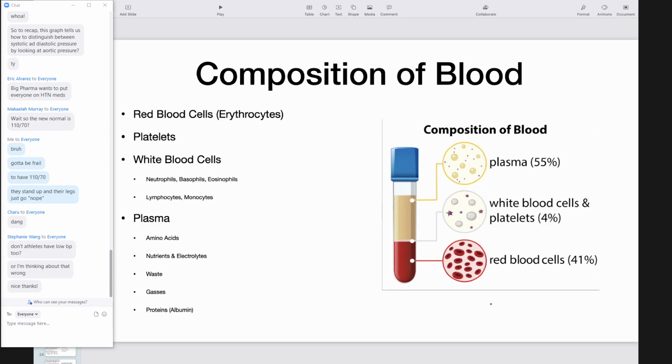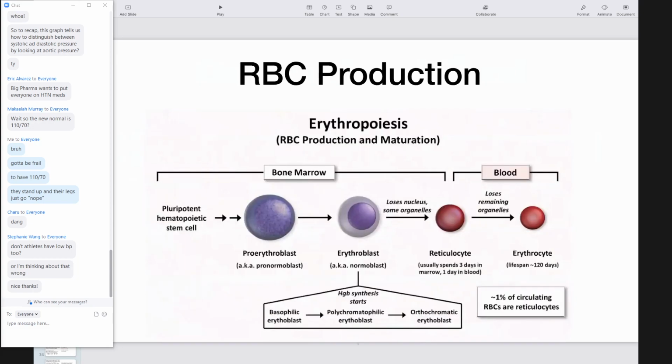So we have a lot of different things dissolved in the plasma. It's not just water. There's a bunch of stuff in your blood, so keep that in mind. You need to know that all these are in plasma. A lot of times people just think plasma is synonymous with water, and blood is white blood cells and red blood cells. But blood is made up of all of this stuff.